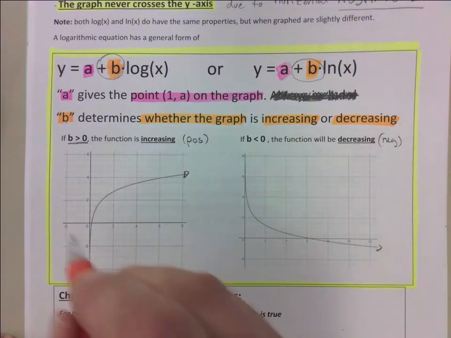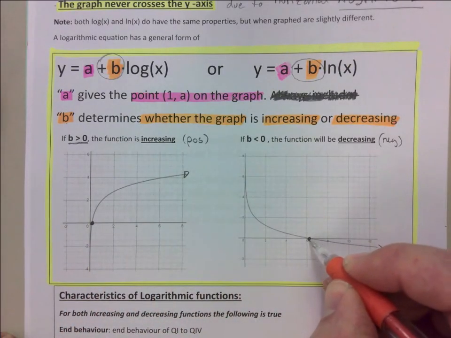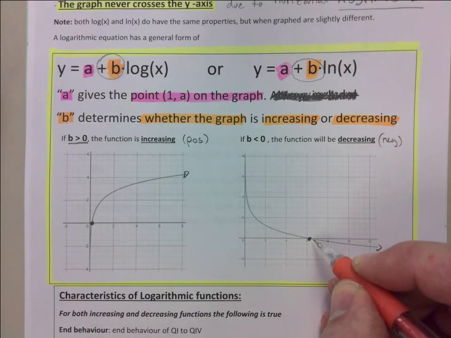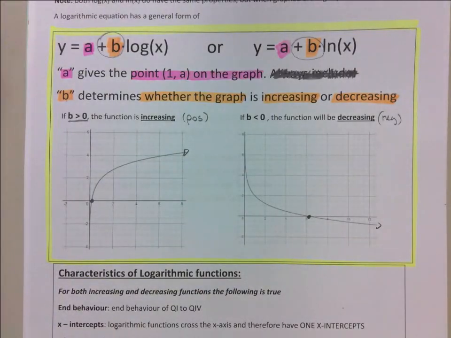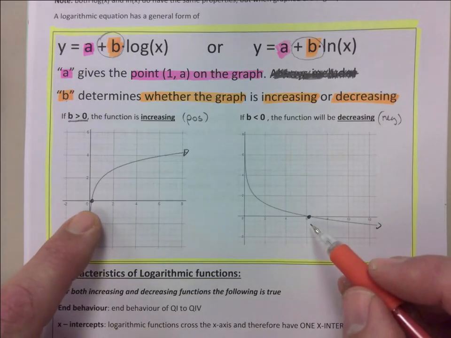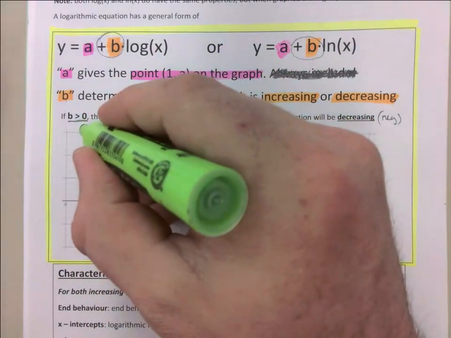And what do both of these have? They do have x-intercepts. That was a big no-no for our exponentials. They never cross the x-axis. This one does. And here's your asymptote. This one has an asymptote here.